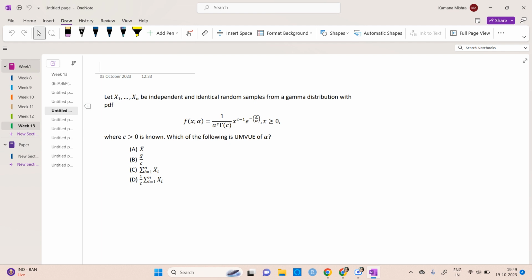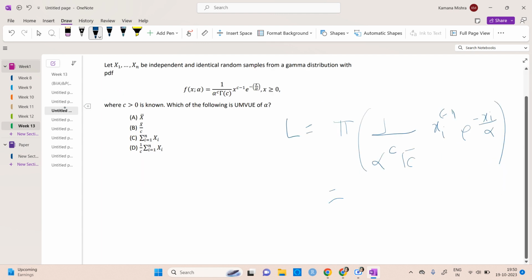We find firstly the likelihood estimator. So the likelihood estimator would be what? Multiplication over alpha to the power c, gamma c, x to the power c minus 1, e to the power minus xi upon alpha, right?